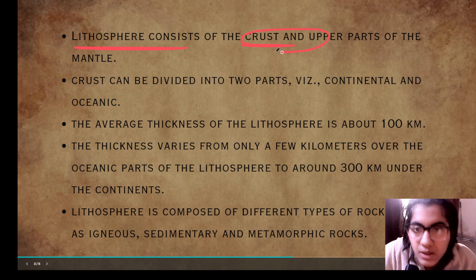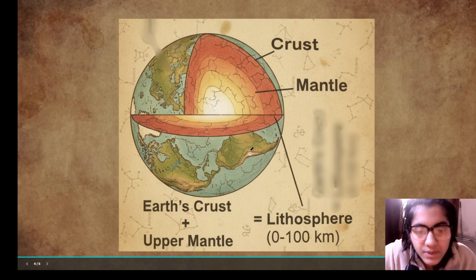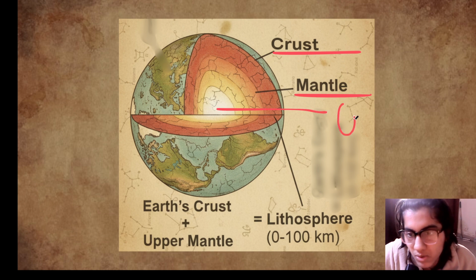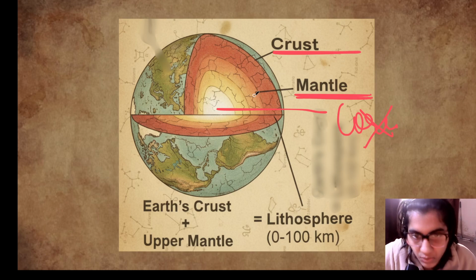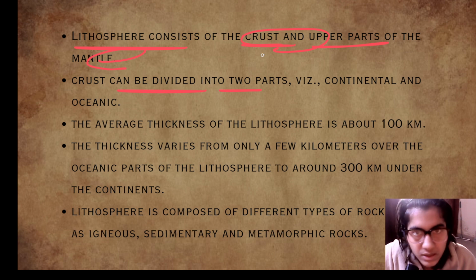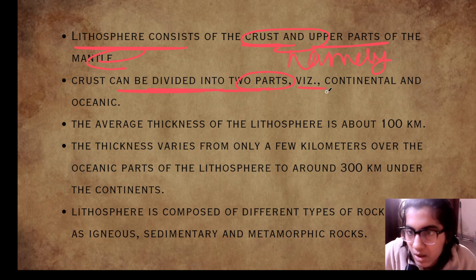The lithosphere consists of the crust and the upper parts of the mantle. We have these three layers of Earth: crust, mantle, and the inner part called the core, if you have studied in the junior classes. The lithosphere contains not the core but the crust and the upper parts of the mantle only, not the whole mantle. The crust can be divided into two parts, namely continental and oceanic.